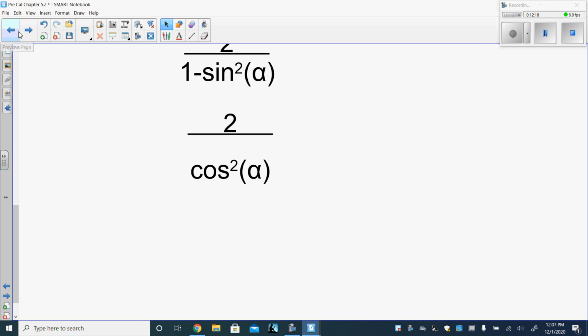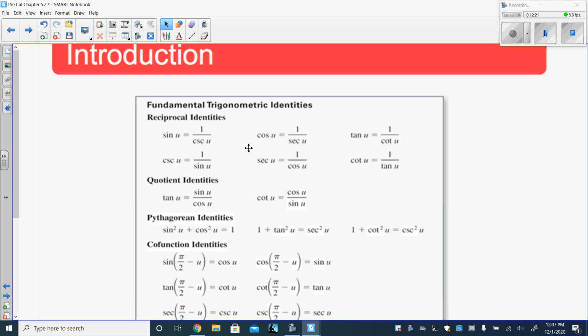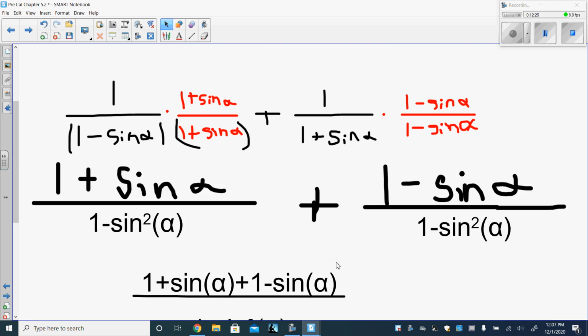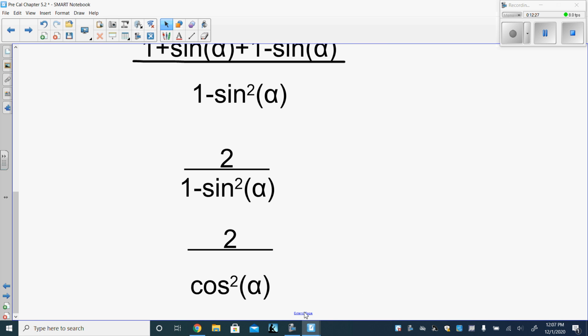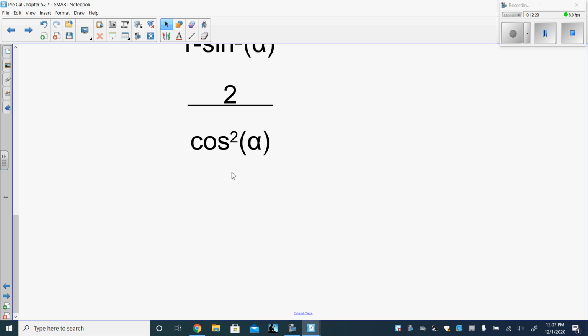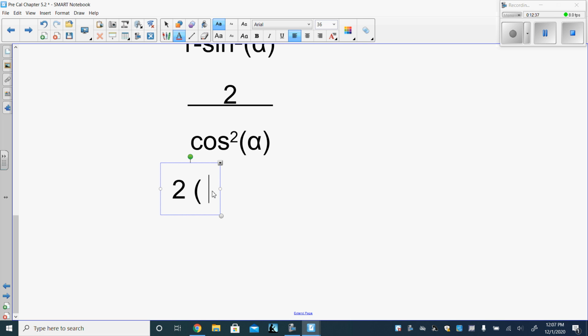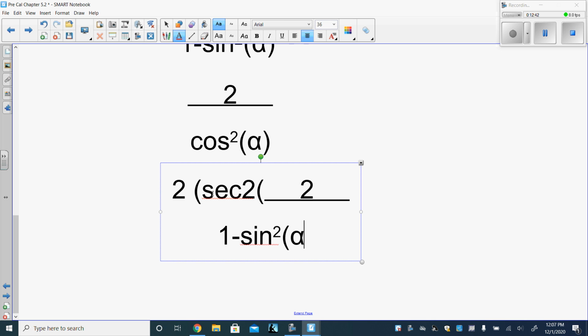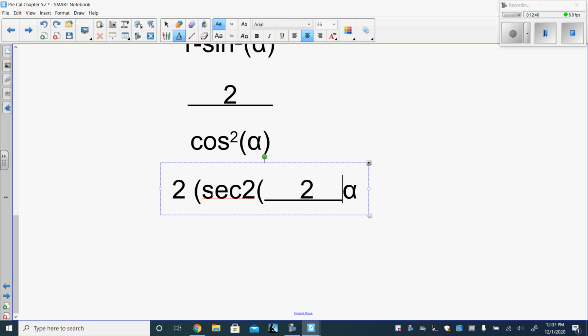At this point, I know that secant is equal to 1 over cosine. So for us here, 1 over cosine squared would be the same as secant squared, so we'd have 2 times secant squared of alpha.